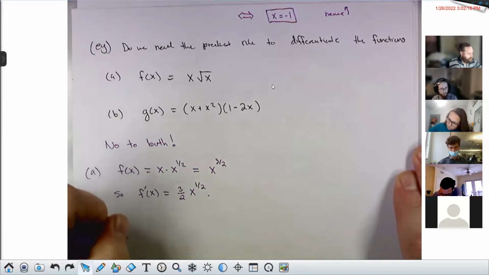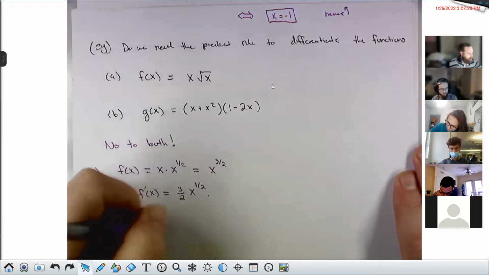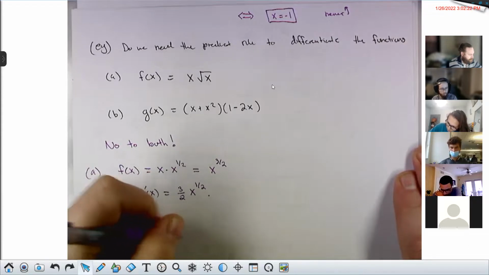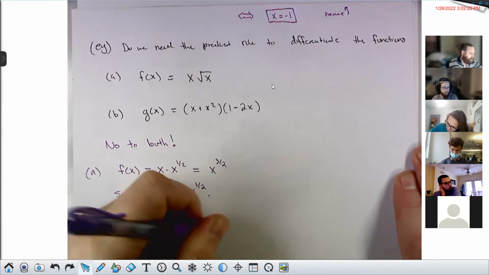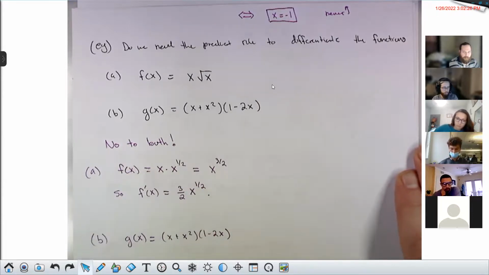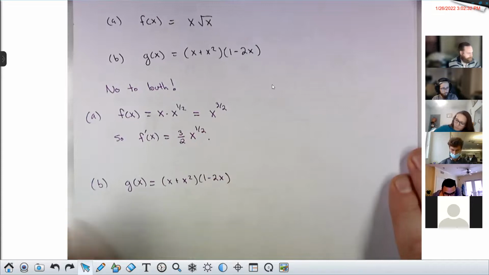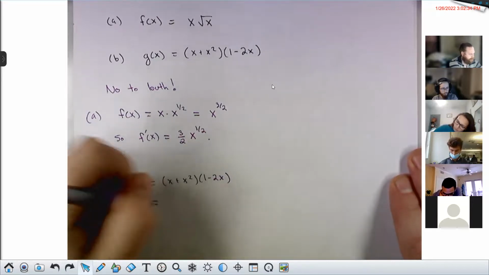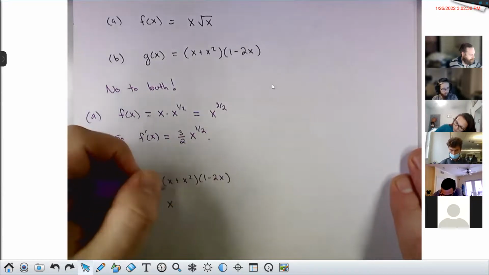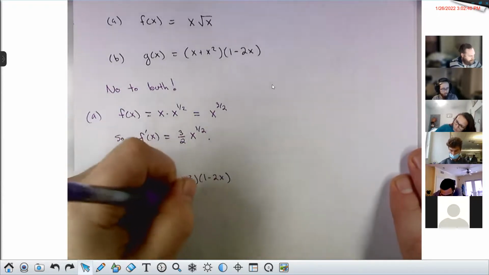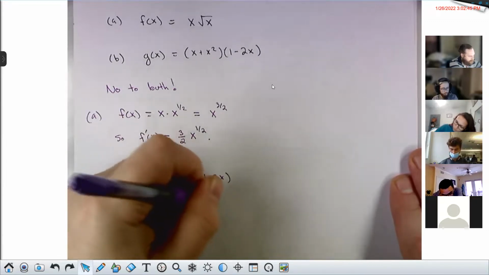Part B, g of x, yeah, sure, it's a product. But it doesn't have to be a product because I can multiply it out. If I FOIL this out, my first is x times 1. My outers are minus 2x squared. My inners are plus 1x squared.